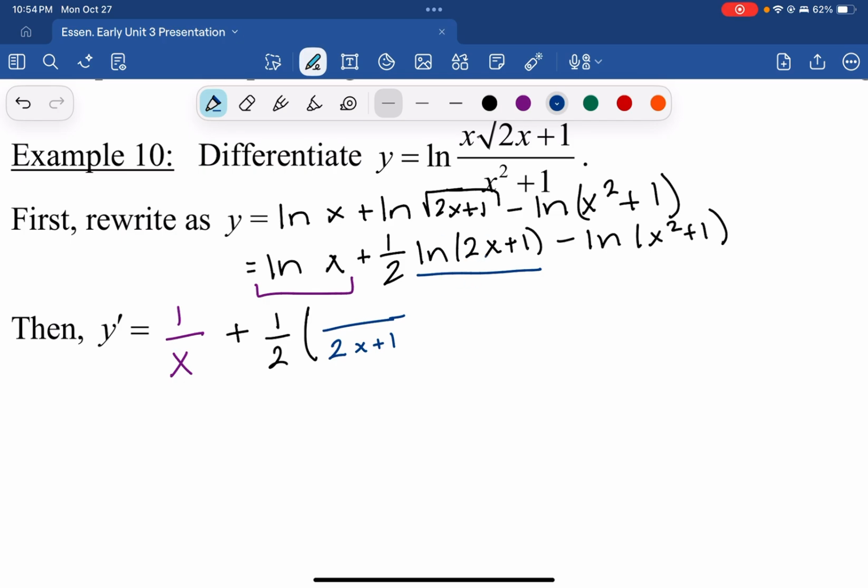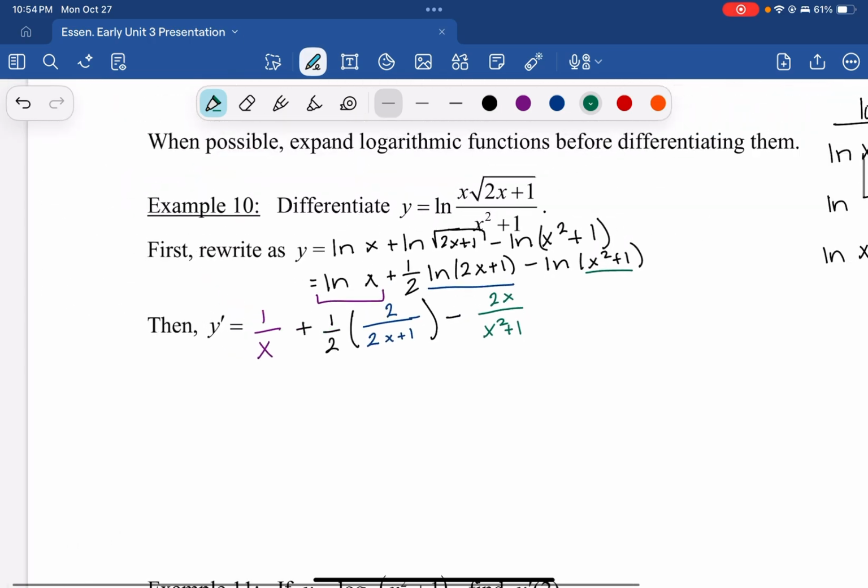So the derivative of 2x plus 1 gives me 2. Minus. Next, I've got that x squared plus 1. So denominator stays x squared plus 1. Numerator becomes the derivative. So x squared gives me a 2x. Okay. So ultimately, we can just leave it like that.